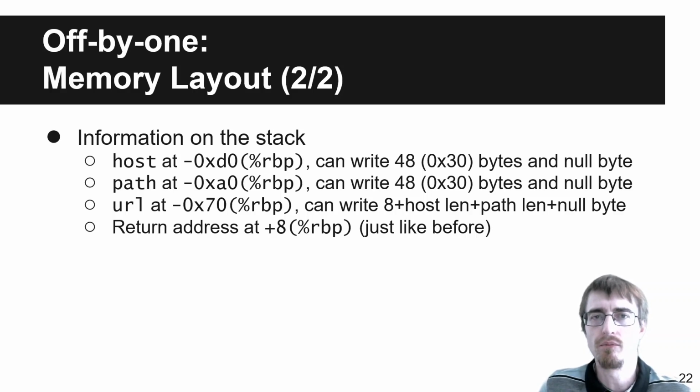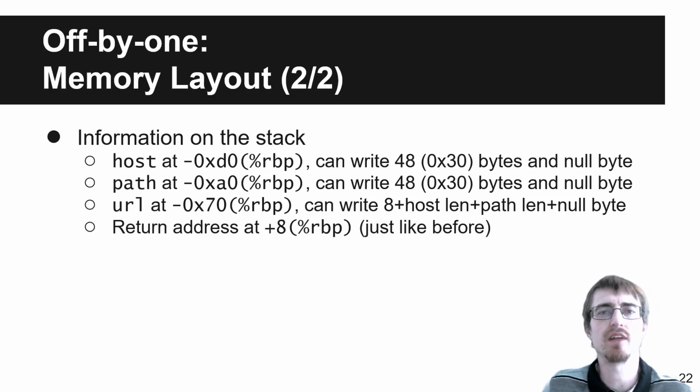The URL, so you may have to look back at the code a bit, but it turns out that you can write the number specified here: 8, which is a fixed string, plus the host length, plus the path length, plus a null byte. So essentially it concatenates the two with some extra filling added to it, which is the 8 extra bytes. And then finally, the return address, like before, is at RBP plus 8.